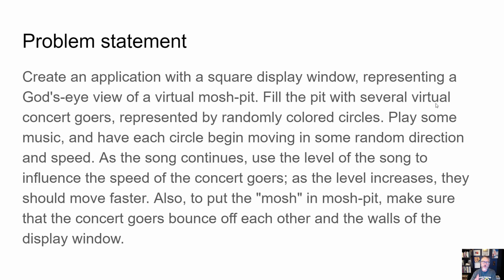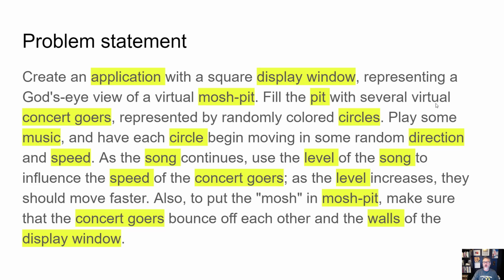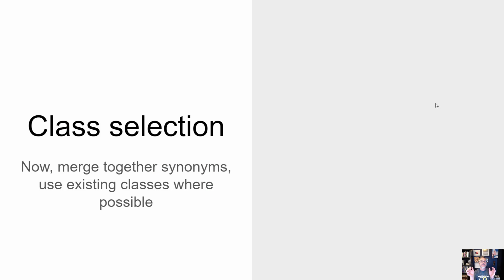All right, so that's our problem statement, and maybe that was given to us by a customer. So our first step would be to find the nouns in the problem statement. So here are our different nouns highlighted. And then after we found the nouns, what we would do is collect together things that are synonyms, like two words that mean the same thing, and then introduce existing classes where possible.